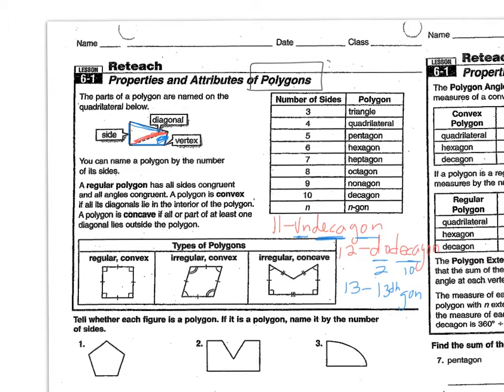So a regular polygon, what is a regular polygon? Do we highlight all 3 of them? You could, I just wanted you to point that out. What I want you to highlight is this right here.